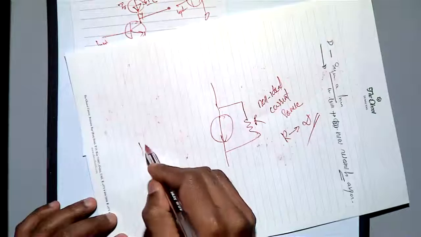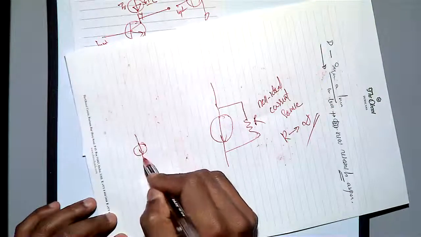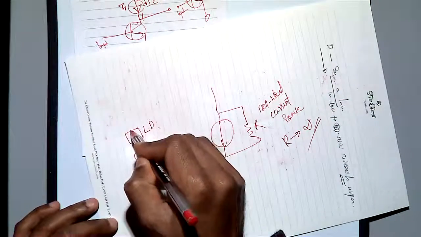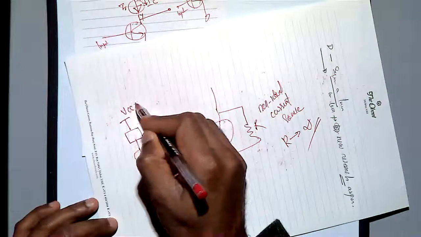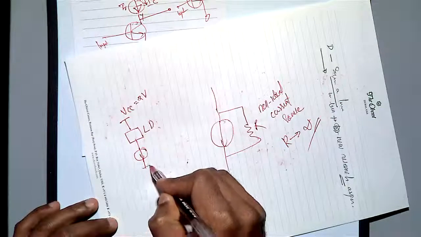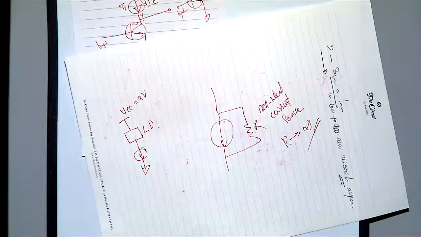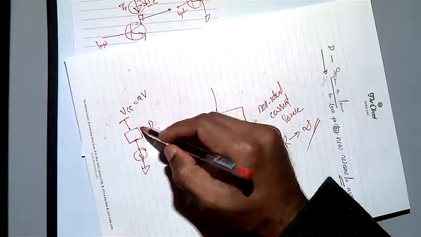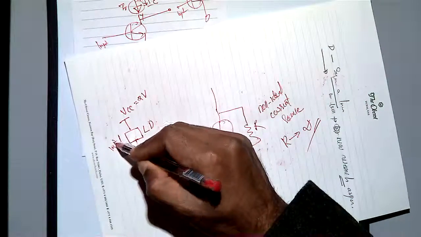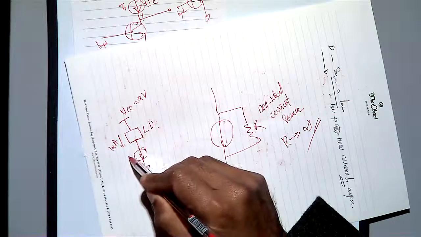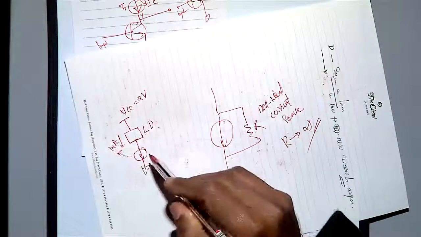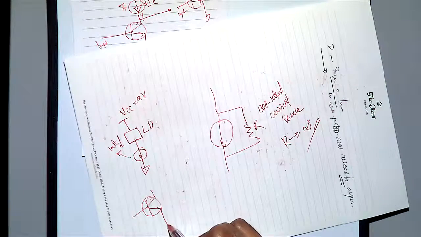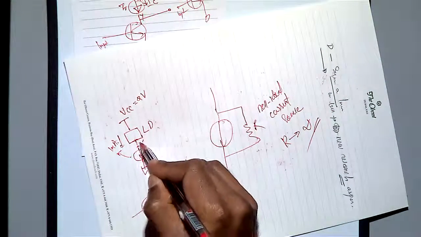Just for your understanding, this is my laser diode, and this is a VCC maybe equal to 2 volts. I ground it. Maybe this is an interesting way of explaining. Here the current is 1 milliamp. This current source I biased in such a way that I get 1 milliamp. Then here I am using a transistor, and this is a ground. So this is a point X, this is a ground.